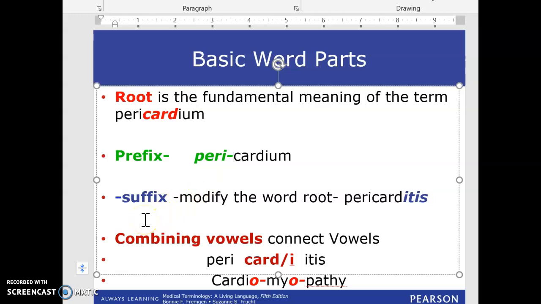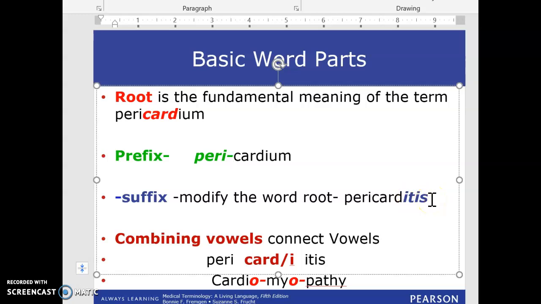Suffix is at the end of the medical terminology. That is why you see a dash in the beginning. Modifying the word root, for example, itis. Itis is at the end of the medical terminology, right? Peri is your prefix. Card is your root word.